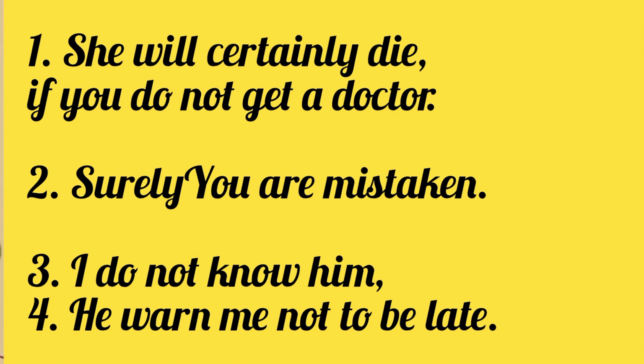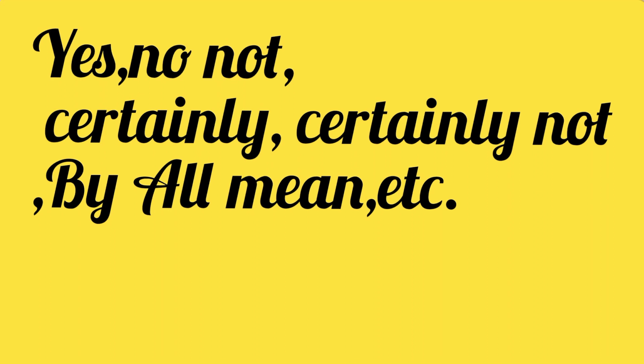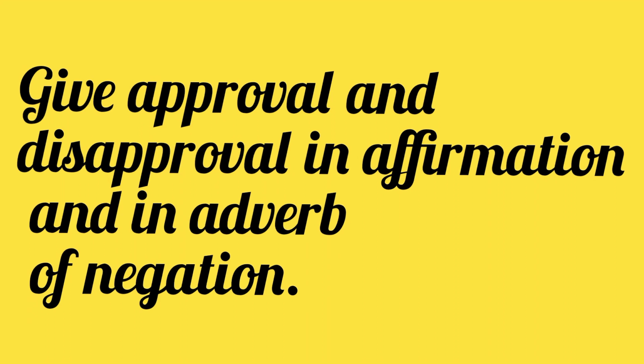He warned me not to be late. Right? Yes, no, not, certainly, certainly not, may, by all means, never, surely are the words that we usually use in adverbs of affirmation and negation, right? These are the kinds of sentences and adverbs where we approve and disapprove, right? जहाँ पे या तो हम किसी चीज़ को यस करते हैं या मना कर देते हैं.